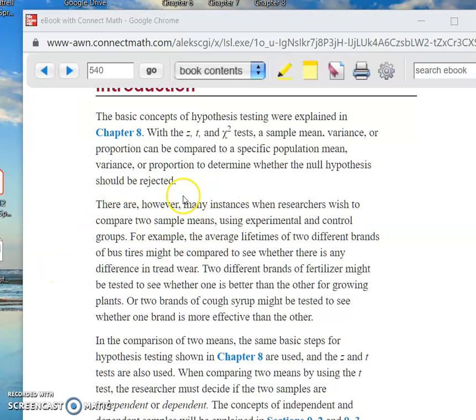But then he's talking here, here's the distinction. In chapter 9, we're going to compare the two sample means. And the way we normally explain this is we talk about experimental and control groups. So we have, for example, the average lifetime of two different brands of bus tires. We take a look at those two, okay?